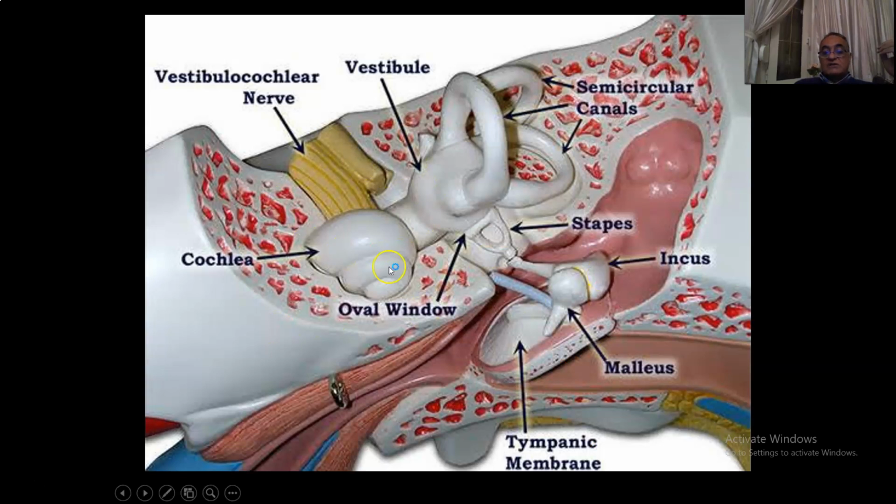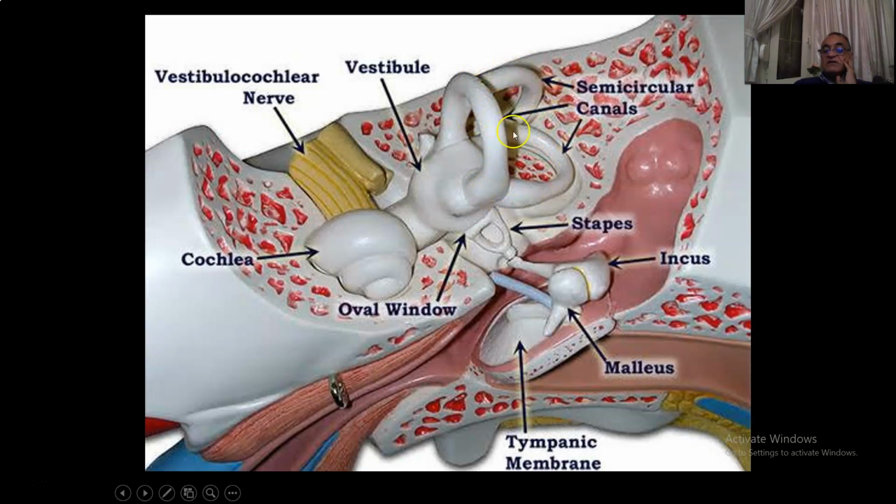So this is a diagram showing the ear, the external auditory canal, the ossicles in the middle ear, and the stapes entering the vestibule, and from the vestibule we have the semicircular canals, which are the anterior or superior semicircular canal, the posterior or inferior semicircular canal sharing one limb, and the lateral or horizontal semicircular canal.